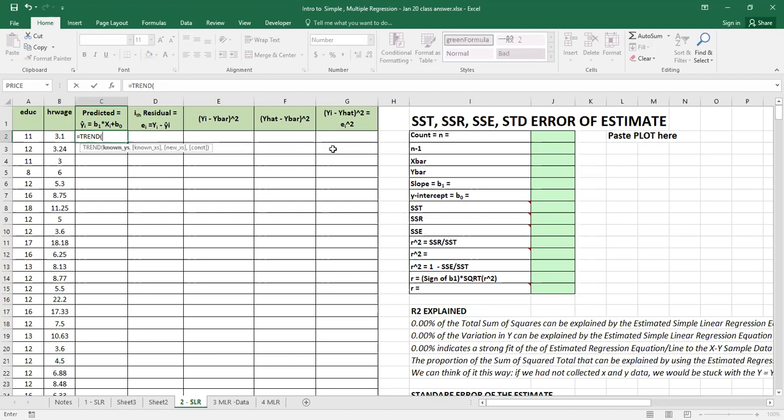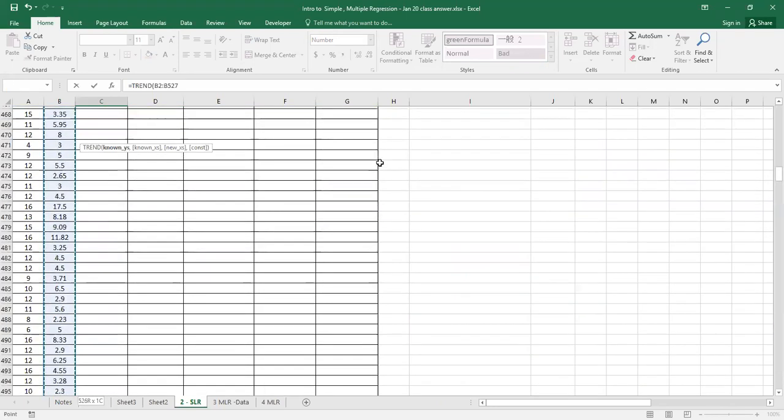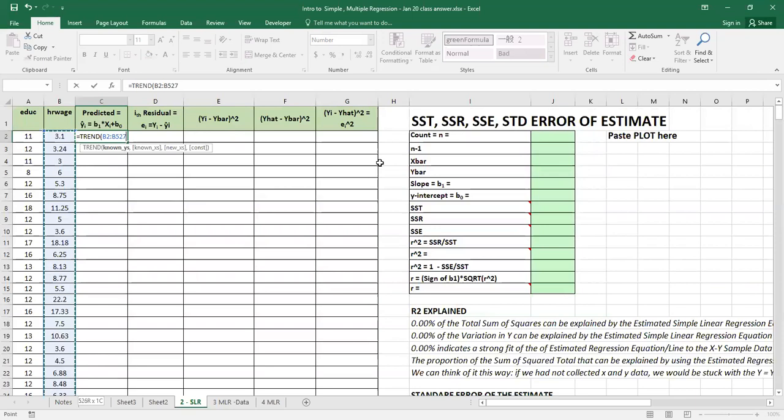What are our known Ys? Our known Ys is hourly wage. Okay? Then we fix this because we will copy the formula down. Our known Xs is education. Okay, we fix this also. What is our new X? Okay, this is our new X, our actual education. Then comma.